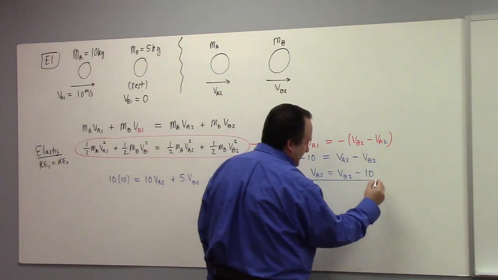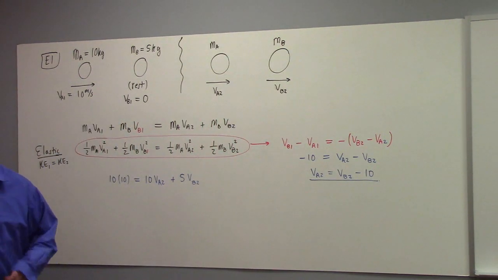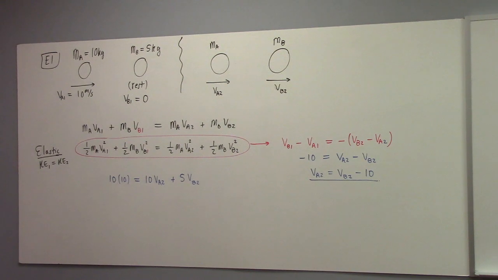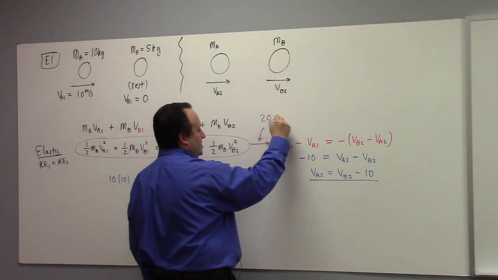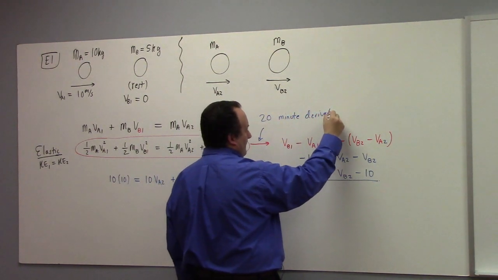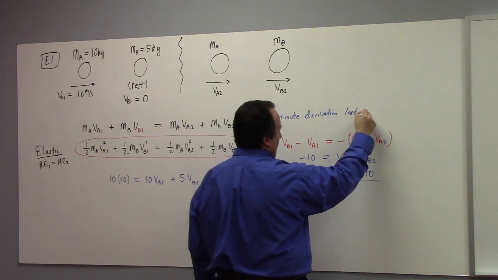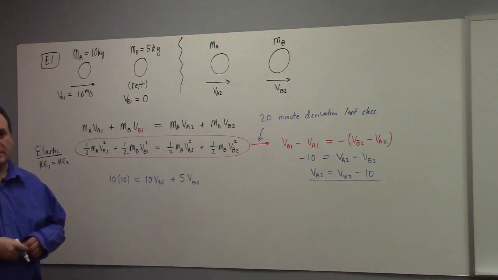Let's see here. Why isn't the velocity squared in the blue formula? Because of the 20-minute derivation last class. This is a theorem.